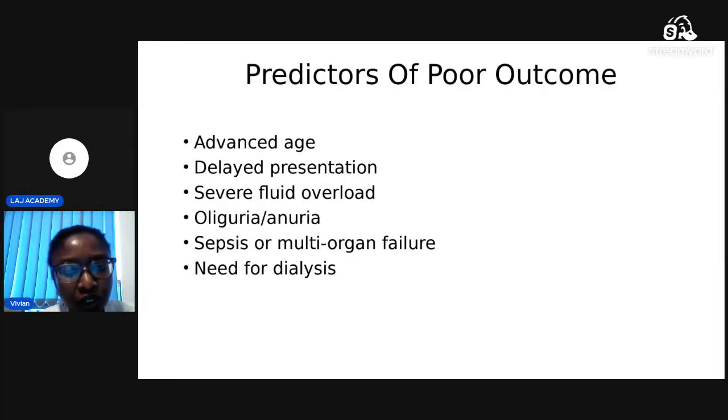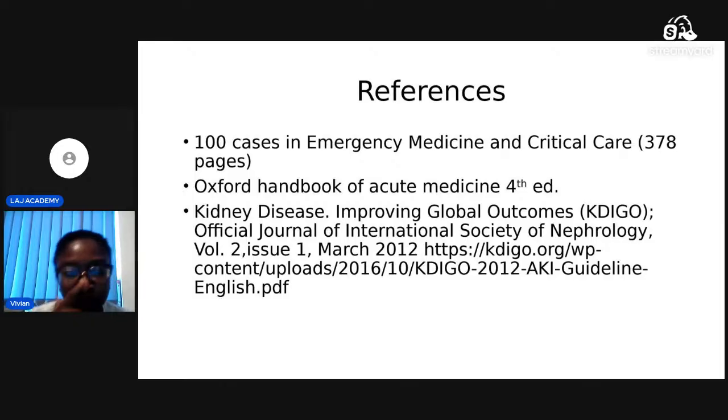For AKI, predictors of poor outcome include advanced age, delayed presentation, severe fluid overload, oliguria or anuria, sepsis, multi-organ failure, and the need for dialysis. Usually, she either undergoes hemodialysis or hemofiltration, continuous venous hemofiltration.